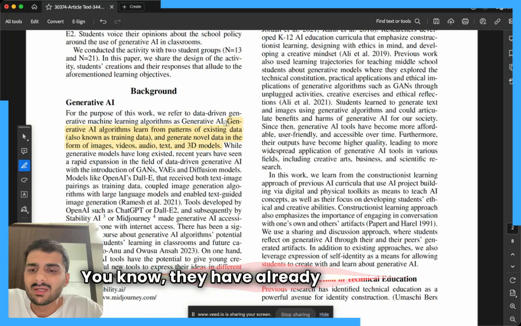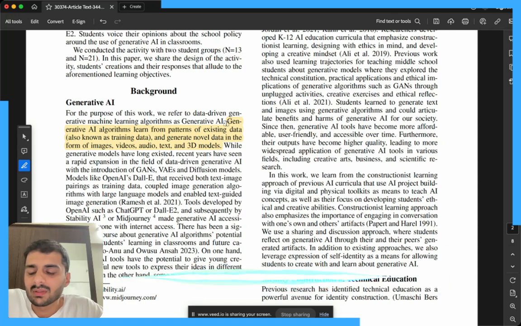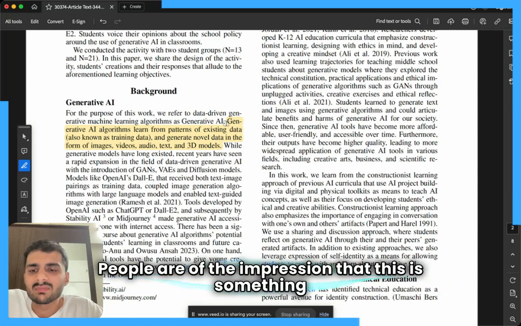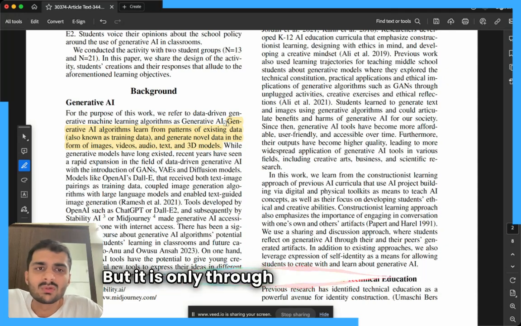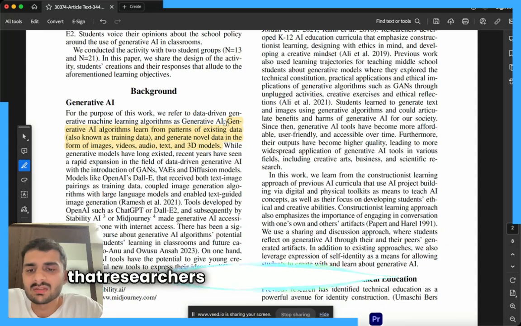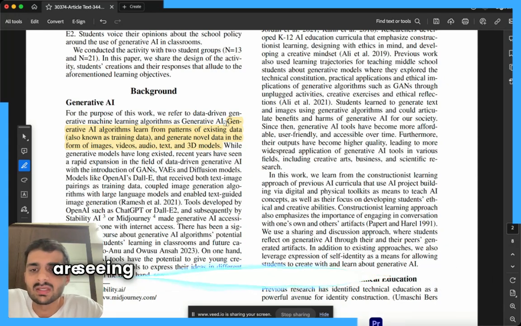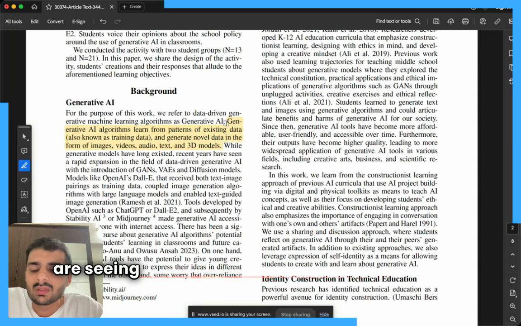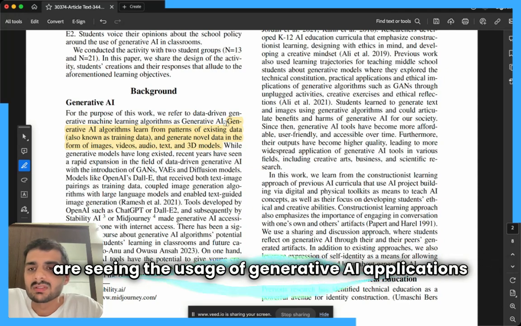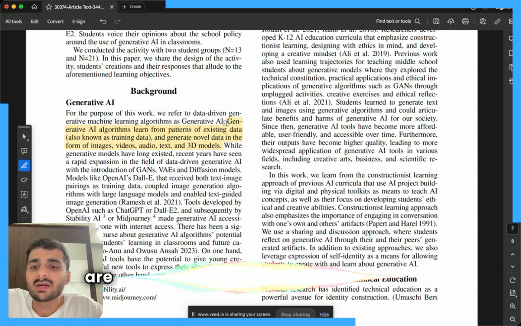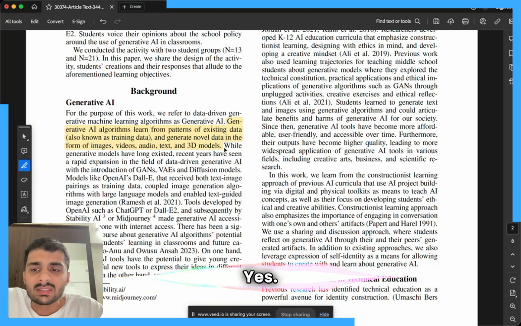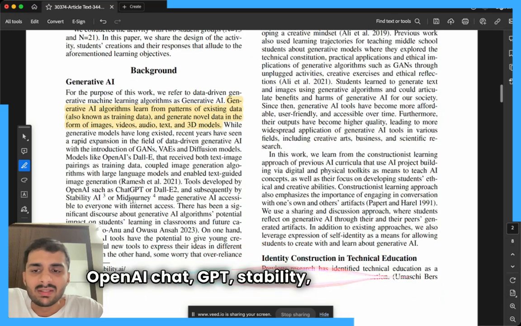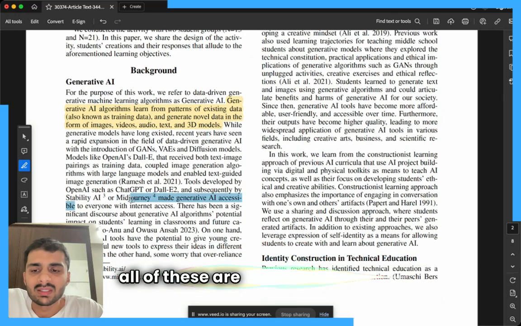People are of the impression that this is something which has very recently come up, but it is only through a series of efforts that researchers have done in the past that we are seeing the usage of generative AI applications which are directly made available to consumers. Yes, OpenAI, ChatGPT, Stability AI, Midjourney, all of these are extremely popular.